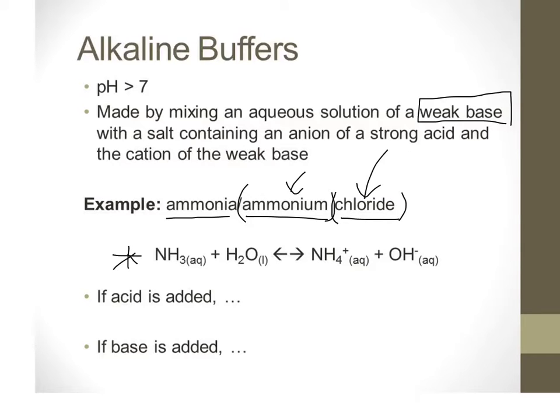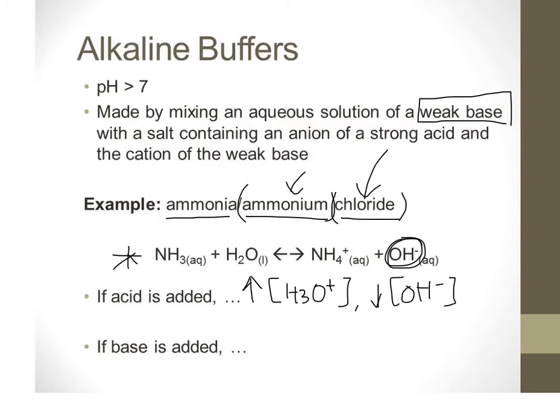Similar to acidic buffers, these are going to resist changes to added amounts of acid or base. So if we add acid, we're increasing H3O+. Effectively, we're decreasing the OH- concentration.